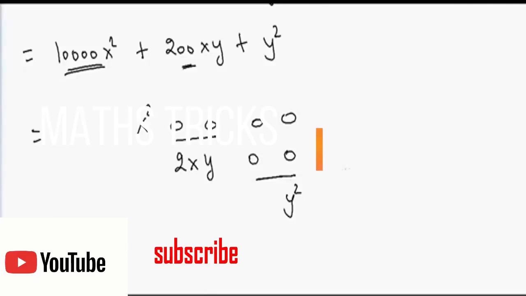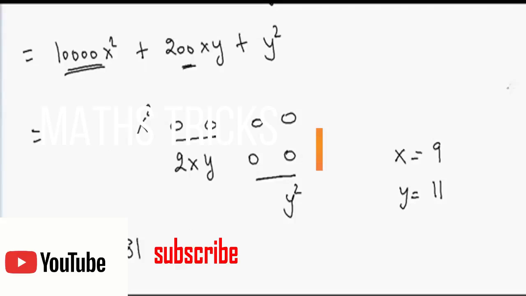Again, if I have x equal to 9 and y equal to 11, then you can see that 9 square is 81. So there is no limit for x square here, right?